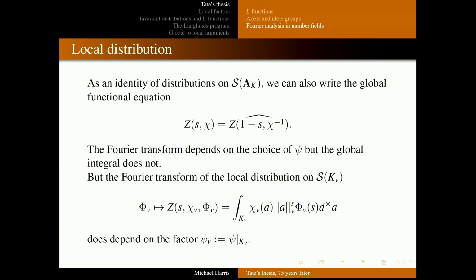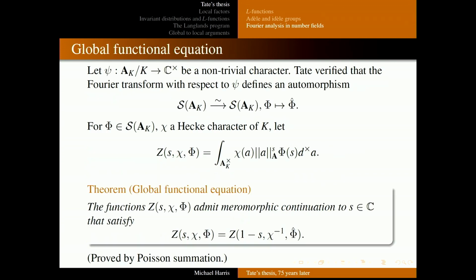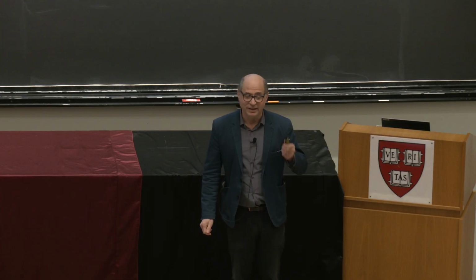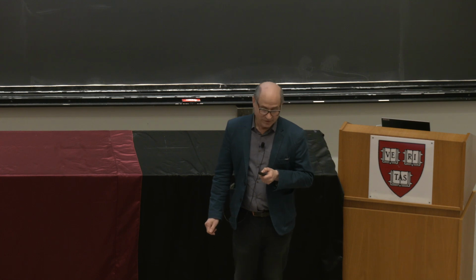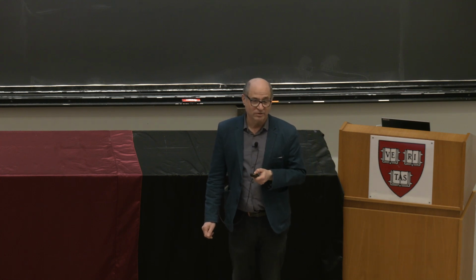This is an integral over the Adele group, not over the Adele class group. And although the Adele group is not literally a direct product, the integral factors as a product over the local places.